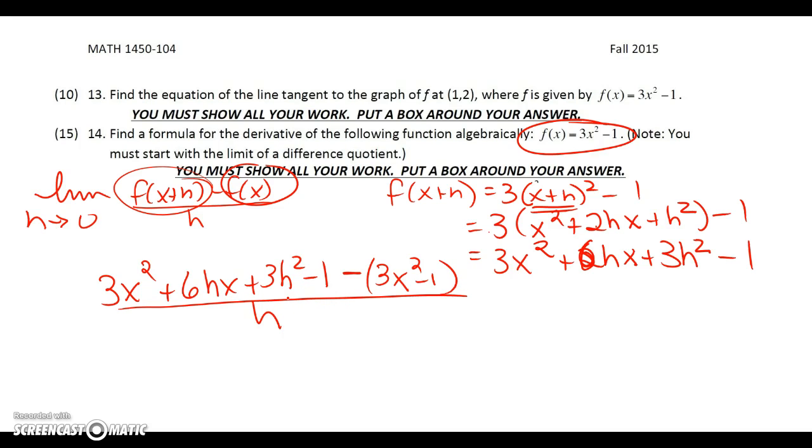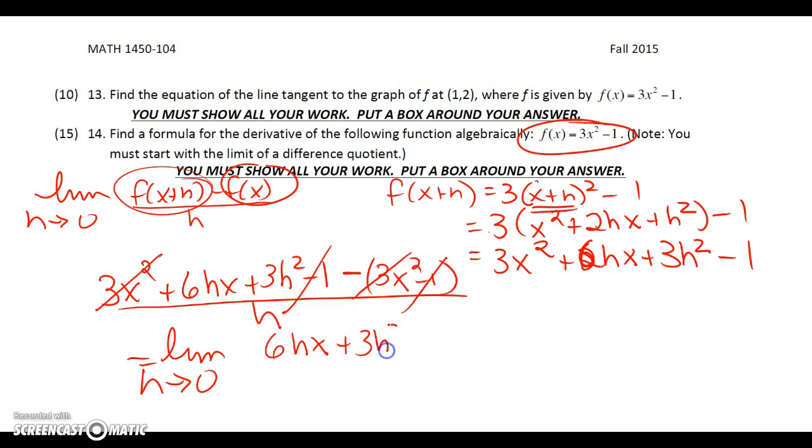Remember we said at this point, everything without an h should drop out. So I have 3x squared and I have minus 3x squared. I have negative 1 minus a negative 1, so negative 1 plus 1, those go away. So I'm only left with the limit as h goes to 0 of 6hx plus 3h squared over h. Okay, we're going to factor the h out, and we have 6x plus 3h.